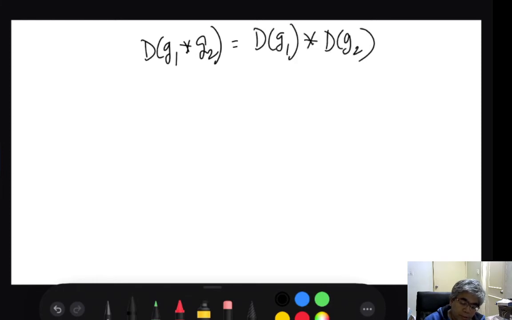So D of g1 is the representation of the element g1 in the original abstract group G, D of g2 is the representation of the element g2, and D of g1 star g2, which also belongs to the original abstract group, also has a representation.